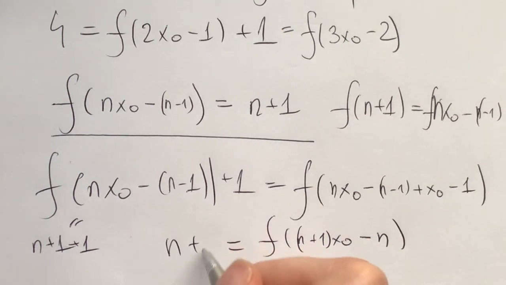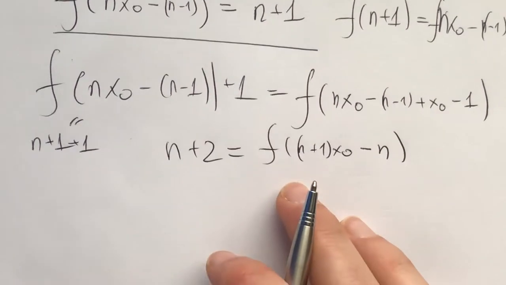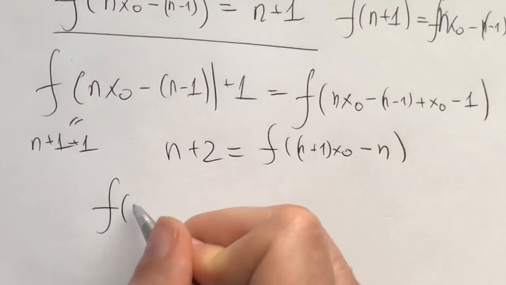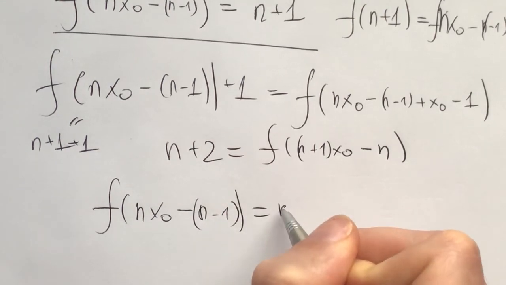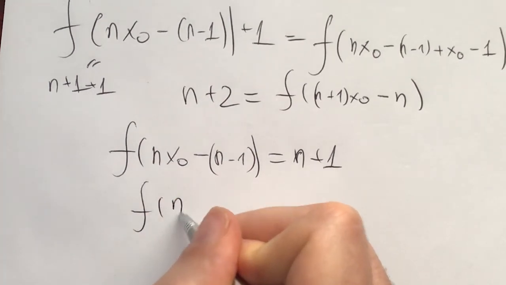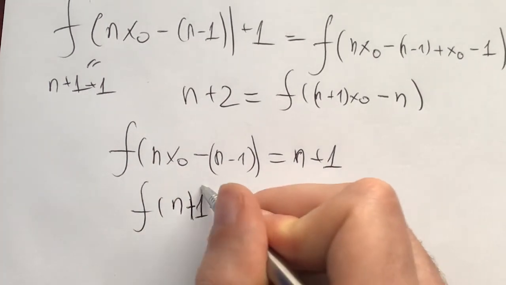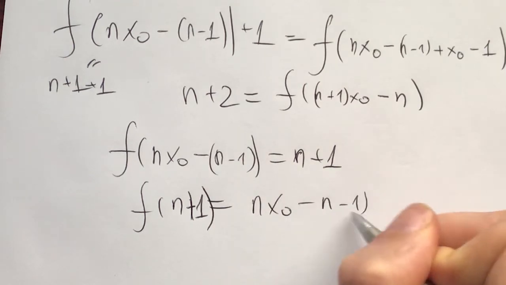And this is equal to n plus 2, which proves our inductive hypothesis, which means that f of nx0 minus n minus 1 is equal to n plus 1, and also f of n plus 1, to make things simpler, is equal to nx0 minus n minus 1.